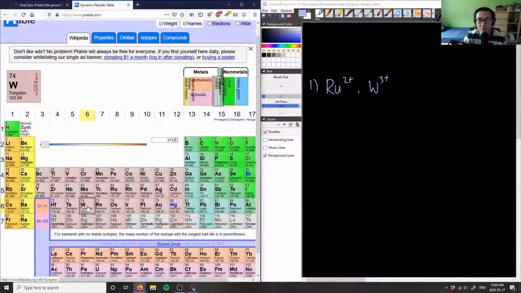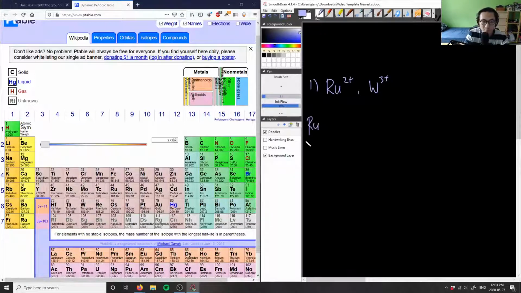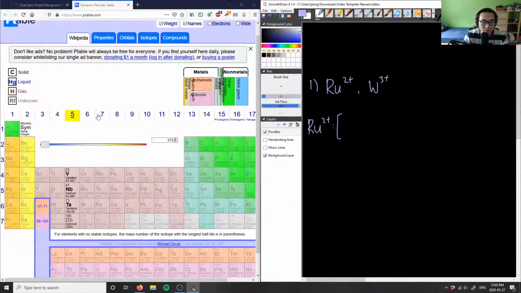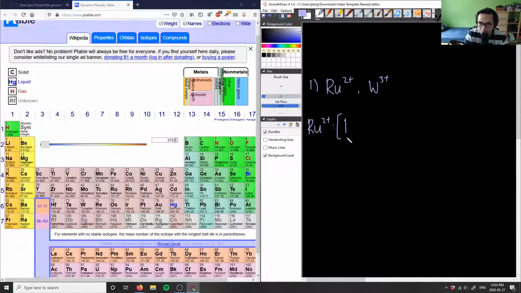Okay, so we have ruthenium 2+ here. If you look at the periodic table, ruthenium is in the metal section, and we know that ruthenium is atomic number 44, right? So we can write the electron configuration for ruthenium first. I have the 1s2 electrons here.